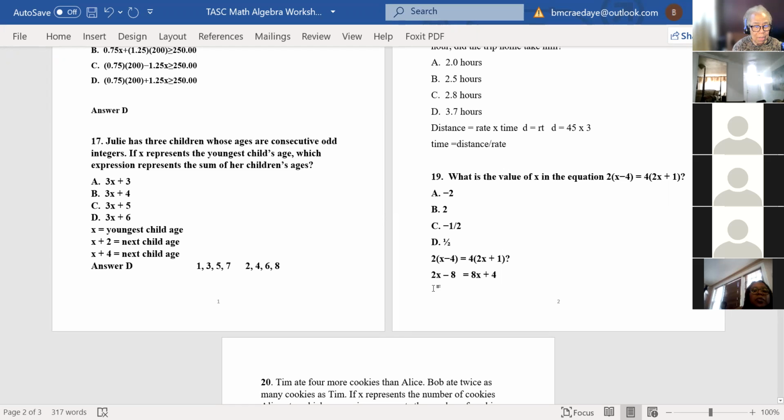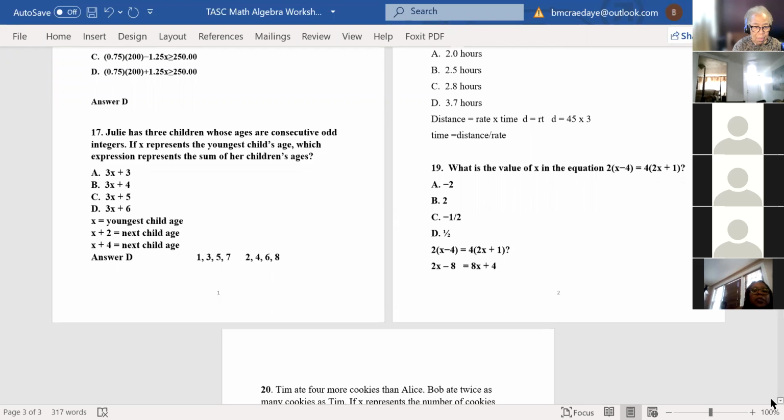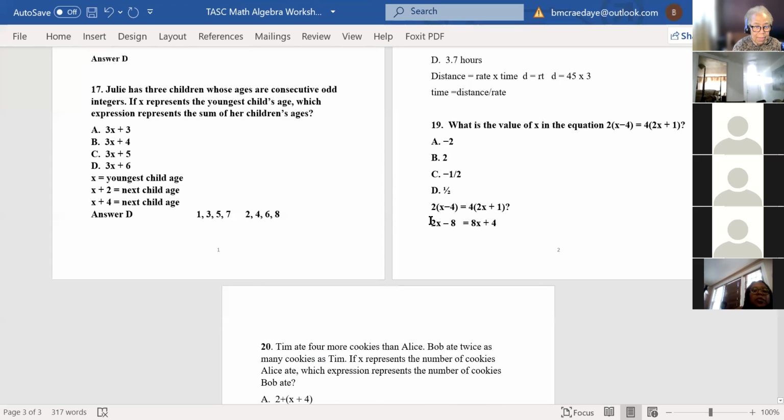Okay. You can do it in stages, but let me just write what I'm saying here. When you have 2x minus 8 equals 8x plus 4, right? Let me put that here.